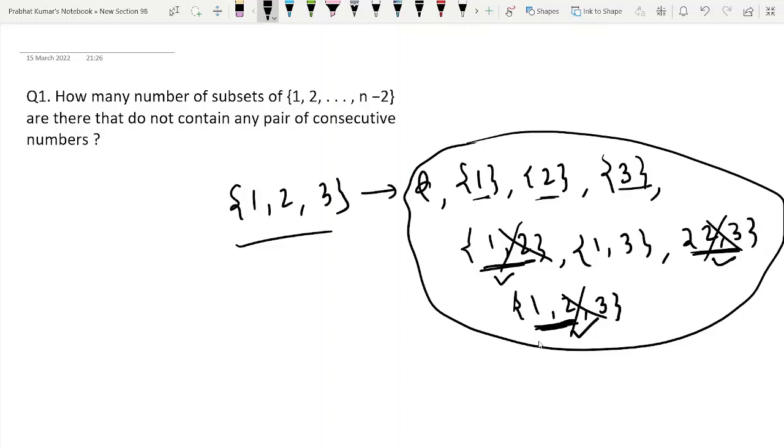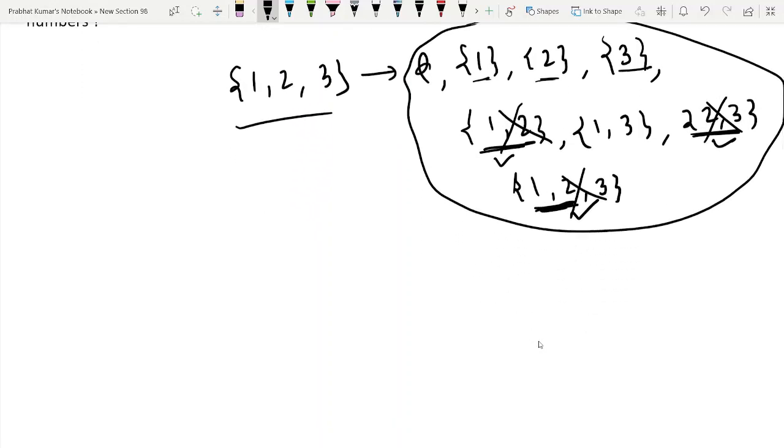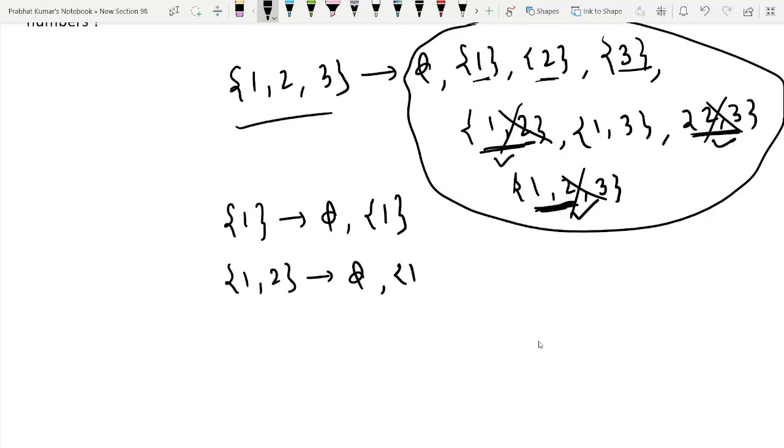Let's see how we can generalize this and what pattern it forms. For 1, there are two sets: the empty set and the set 1. For 1 and 2, it can have the empty set, 1 and 2. For 1 2 3, we already got 5.